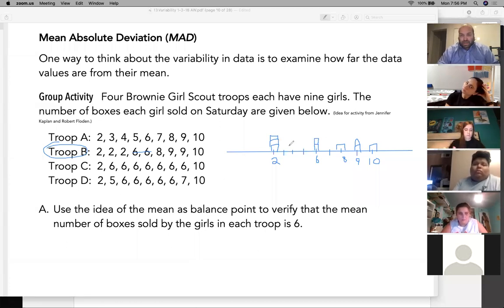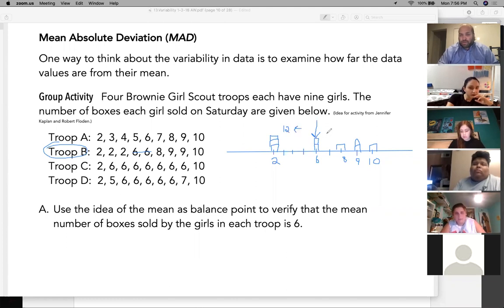Okay. Now, I claim that this is the mean. Let's see why. If I look at each of these 3 2s, how far away are they from 6? 4. And there's 3 of them, correct? For a total of 12 units to the left. 4, 4, and 4. 12 units to the left, correct?